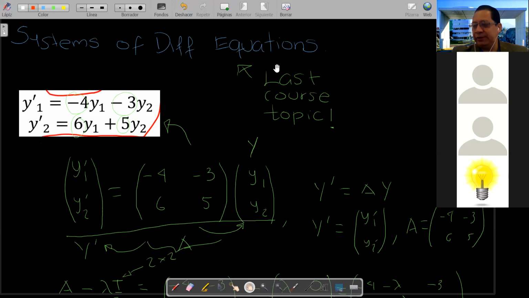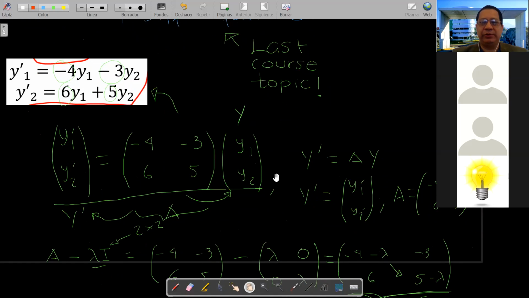So how do we solve a system of equations of this kind? Well, first of all, we need to write the given system in matrix form. So we have something like the following, something called the matrix equation.